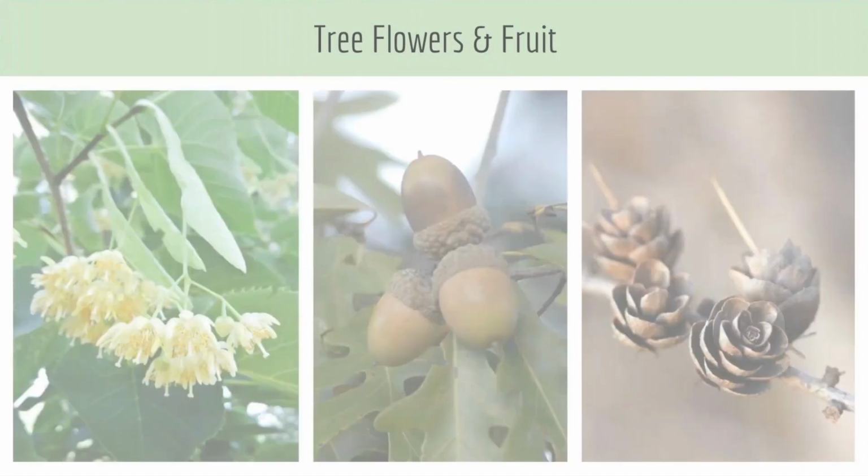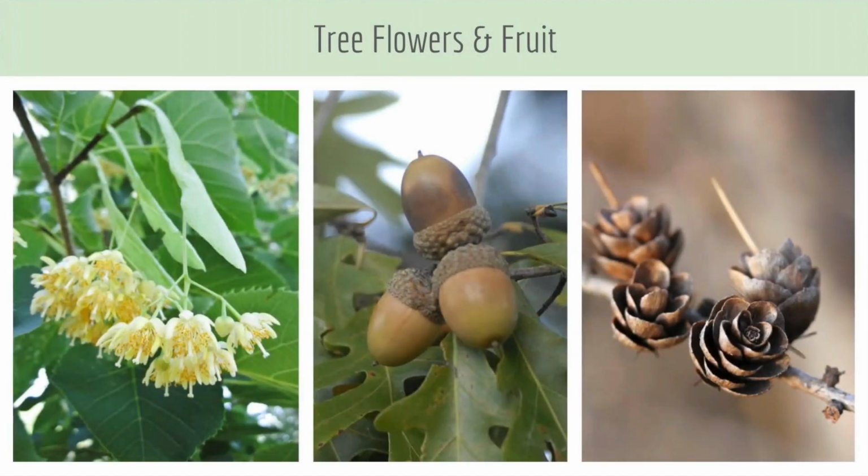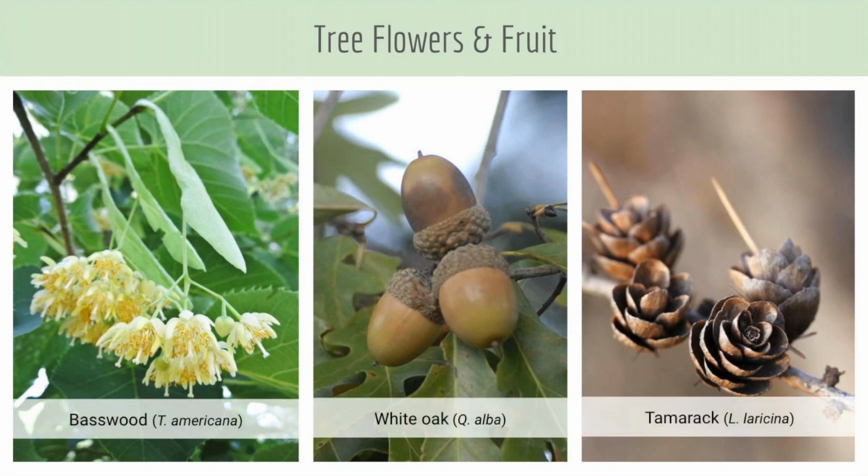Finally, what the flowers or fruit look like can also indicate its species. You'll want to see the size, shape, the color, sometimes the fragrance, the number, and even the timing of the flower or the fruit. Basswood's very distinct because its flowers hang down from this leaf-like structure called a bract.